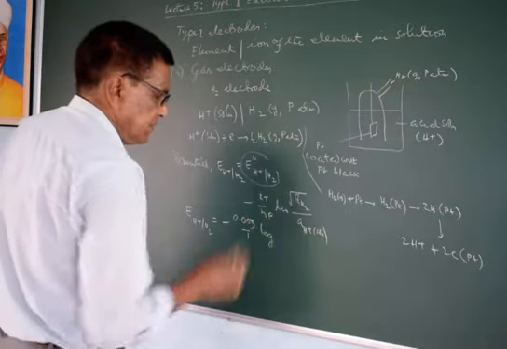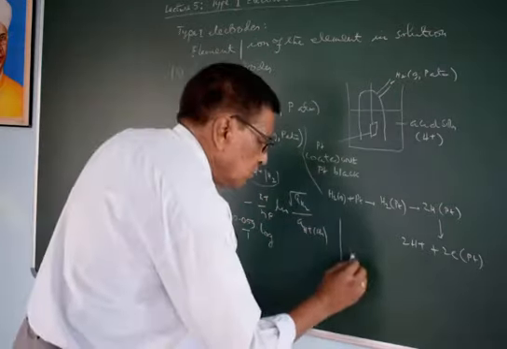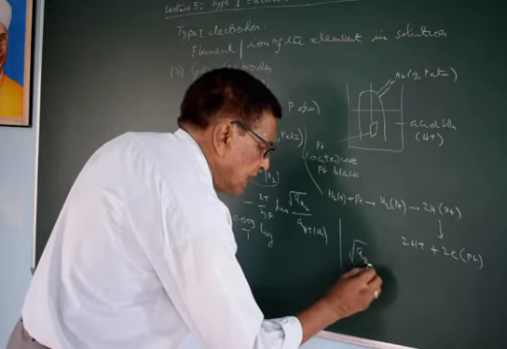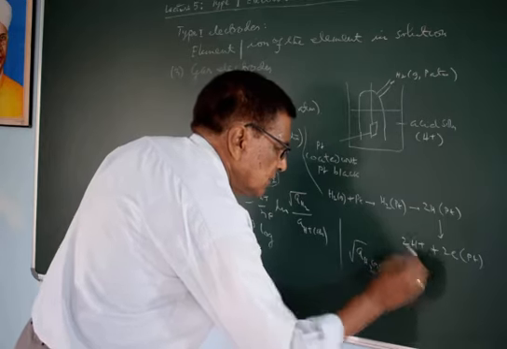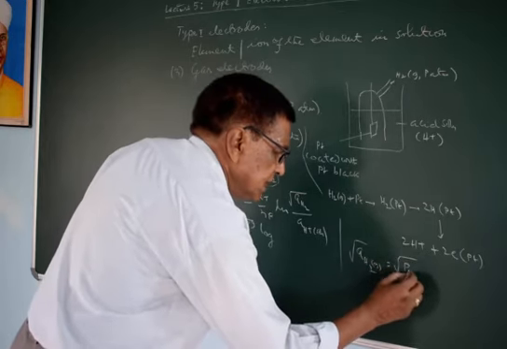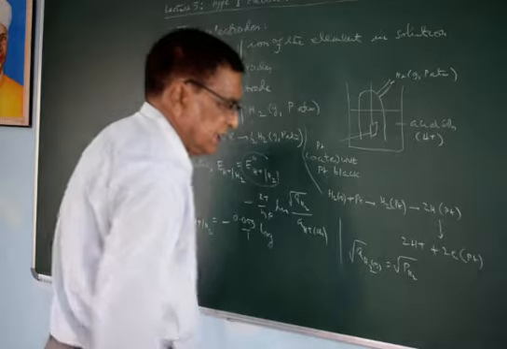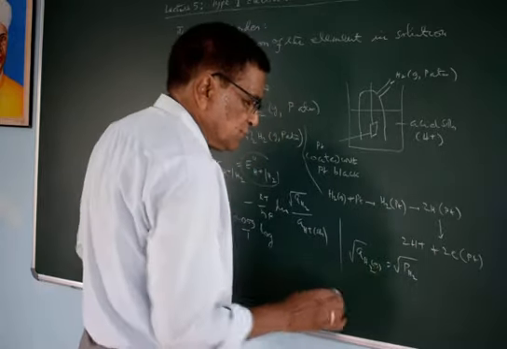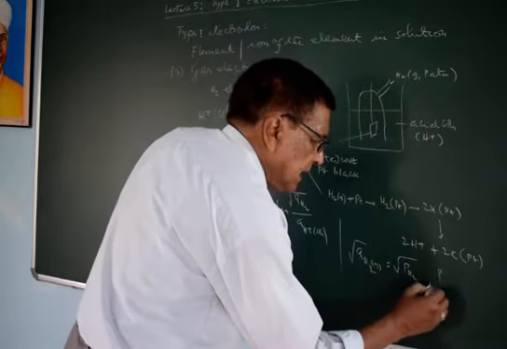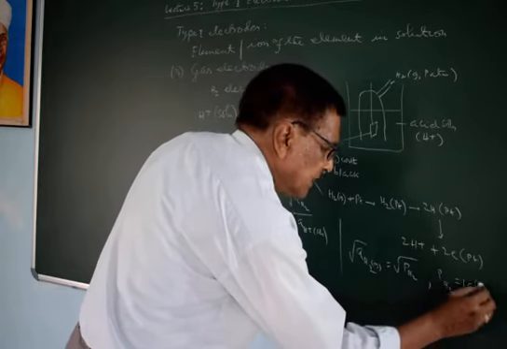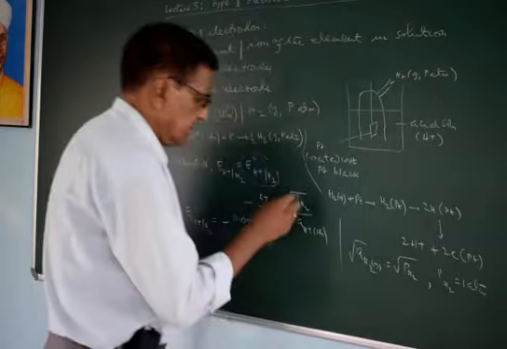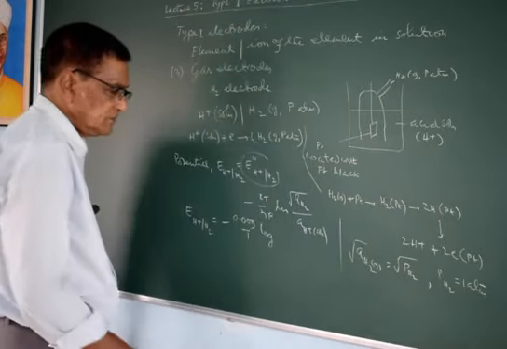And this root of the activity of hydrogen gas is actually the pressure of the hydrogen gas in atmosphere unit, and usually P hydrogen is taken at 1 atmosphere, so this is equal to 1.